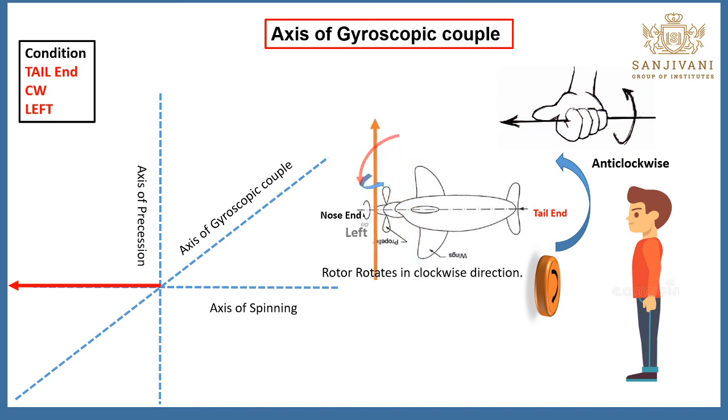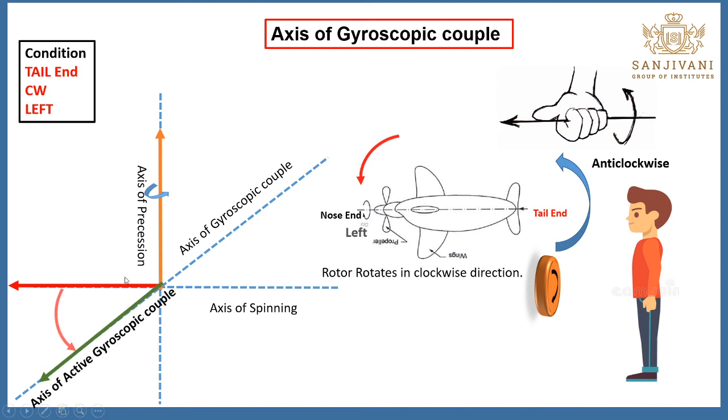Now you need to rotate this axis of spinning in the anti-clockwise direction, like this. This is the anti-clockwise direction, and we will find this is the axis of the active gyroscopic couple.